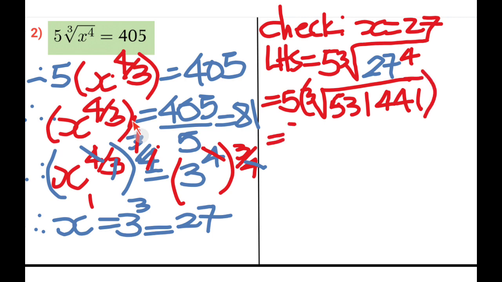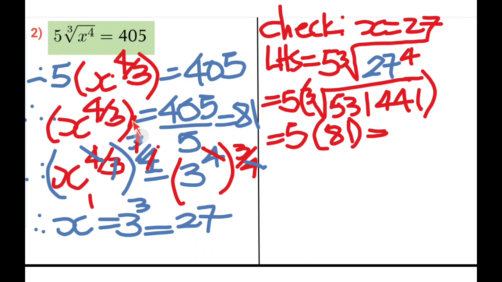That is equals to 5 times the square root of that number. The cube root, you go 3, second function, x to the power of y in your calculator, and then you punch in the number 531,441, and that will give you 81.